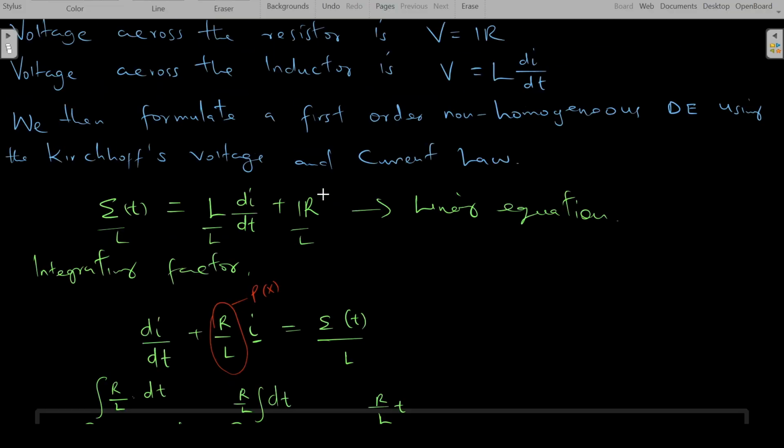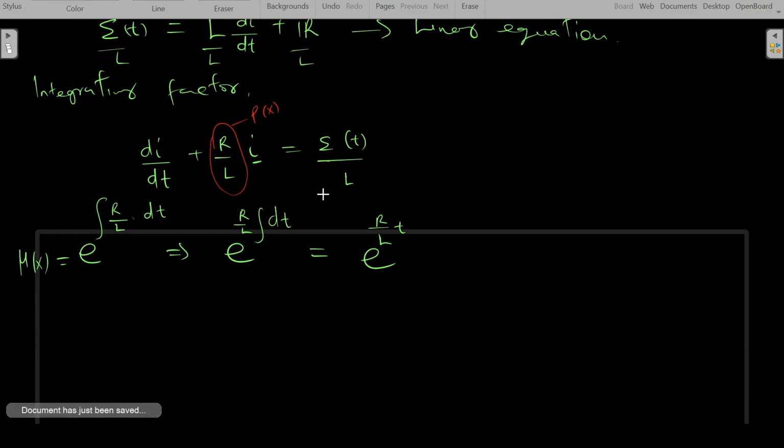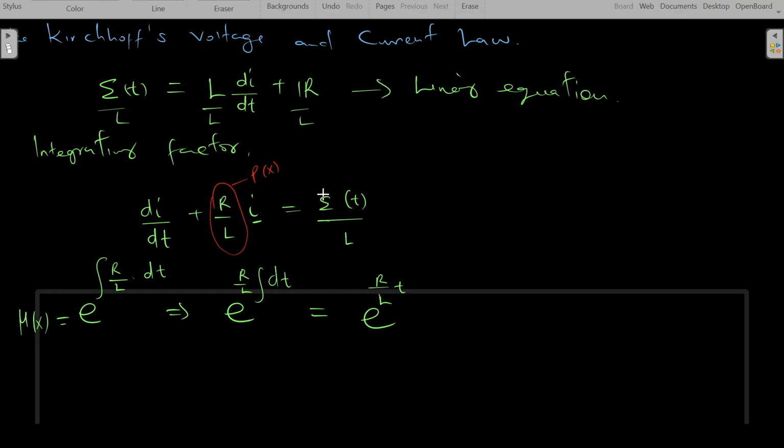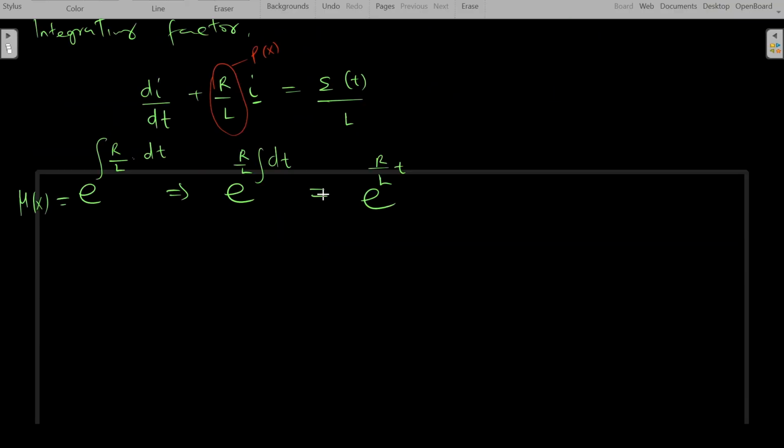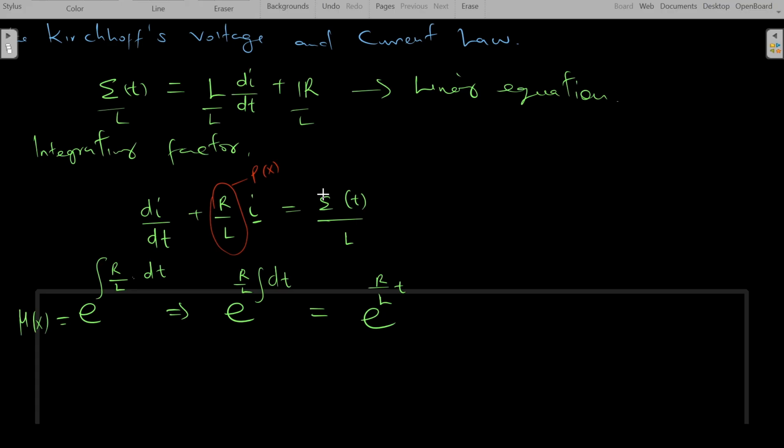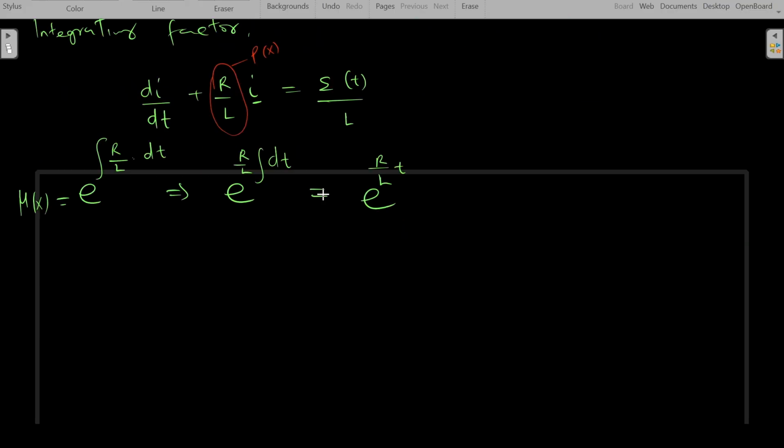For us to solve this system, we multiply all the terms by the integrating factor. So we go back to our equation and multiply it by the integrating factor.